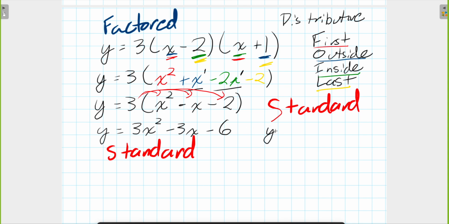So y is equal to 3x squared minus 3x minus 6. Okay. And we're going to turn it into factor form by factoring. Okay. So we're going to use that factoring that we talked about before. Now, there's many different types of factoring. A common one is called sum and product. So SNP, let's call it SNP, sum and product.